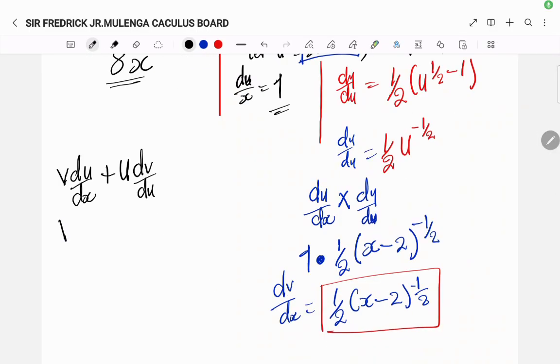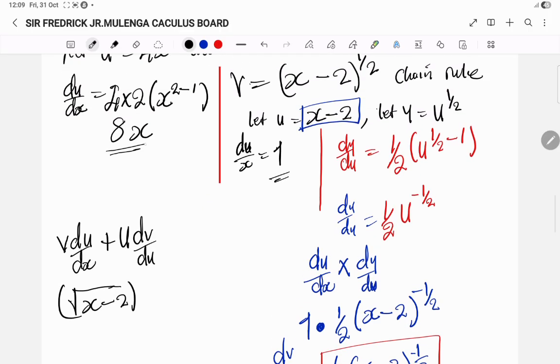So my v is this, then I'm multiplying with my du dx, which is this one. So I'll put 8 there, multiplied by 8x.